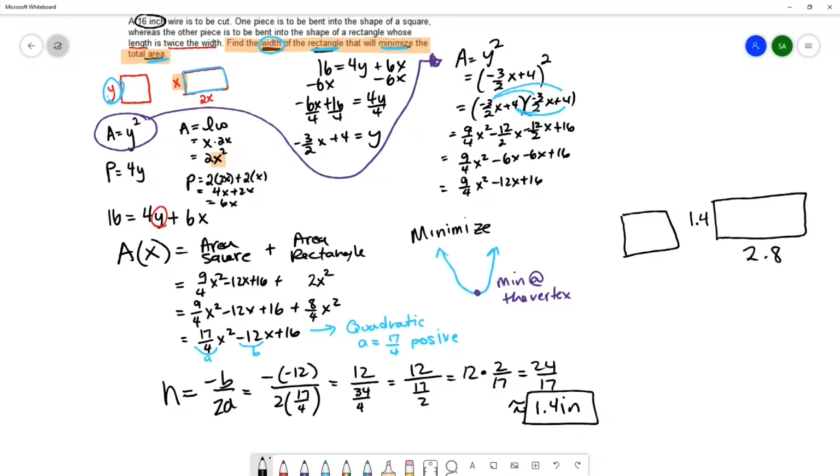And we also found that for our square, y was negative 3/2 times x plus 4.